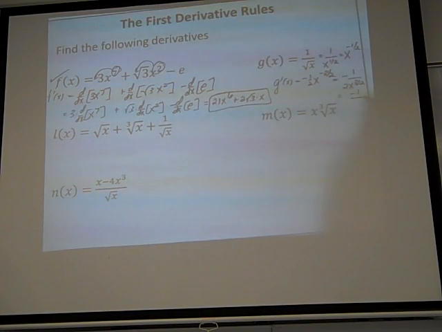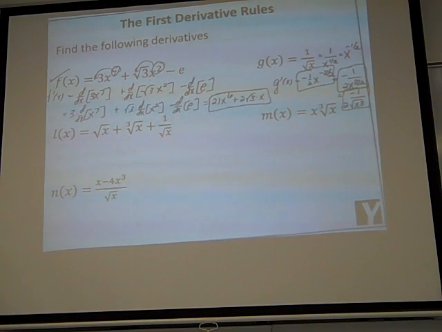So you could also write your answer as negative 1 over 2 square root of x cubed. This answer is perfectly acceptable, as is this one, as is that one. They're all perfectly correct. On the multiple choice portion of the test anyway, you need to be ready for all 3 to show up.